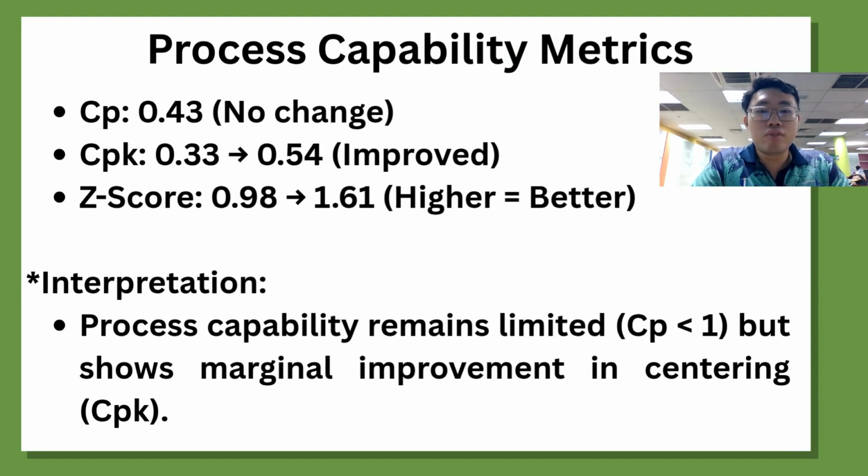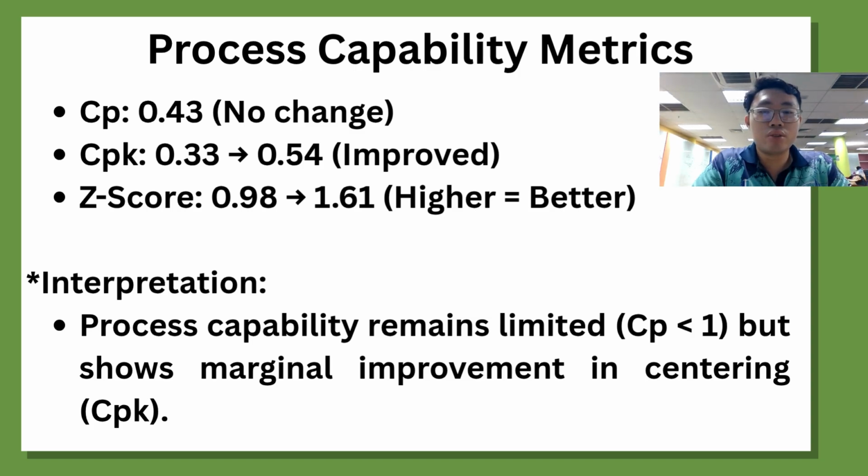Next, let's have a look at the process capability matrix. The value of CP is about 0.43, which remains unchanged, while the value of CPK has an improvement from 0.33 to 0.54.